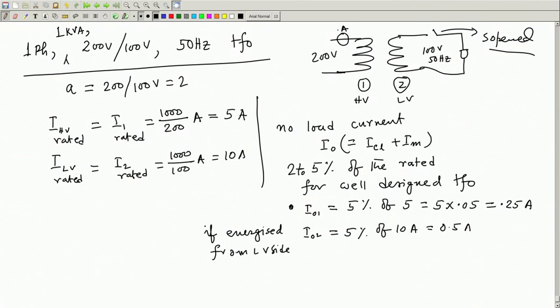And this 5% is not a unique value. Given a transformer you can expect the current to be close to this, but the exact current I can measure, because the no load current can be about 2 to 5% of the rated current. You must understand that.